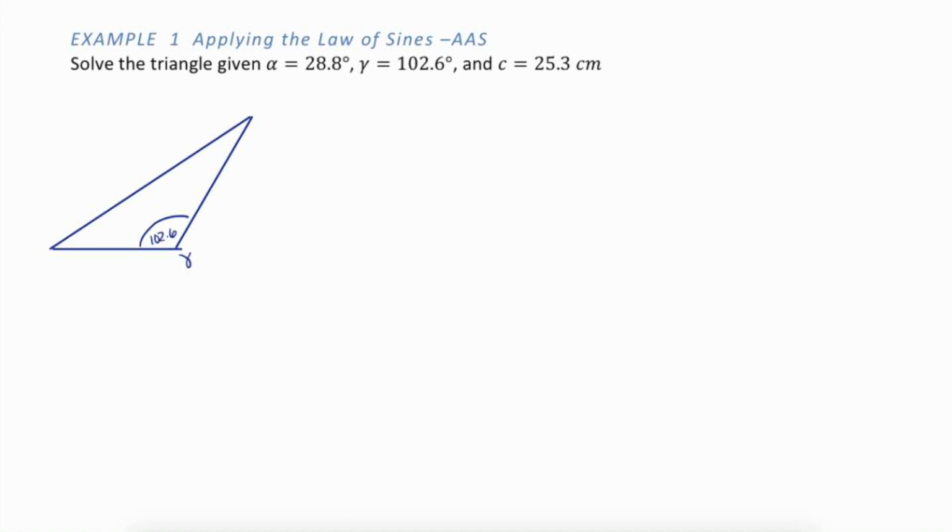So there is my sketch of my triangle with my given angle gamma. I know that gamma is across from the side C, so this has to be side C. We're also given the length of side C as 25.3 centimeters.